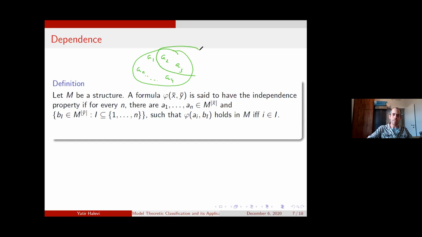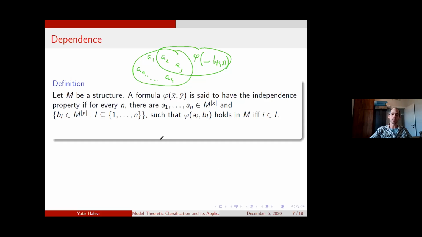What it means is that you can find some b, so this will be b_{2,3}, such that the only elements from our finite set that are satisfied by this formula are exactly 2 and 3. And you can, if you'll allow me to use this terminology, shadow any part of this finite set by this formula. Every time you choose a finite subset of our a_1 to a_n, you can pinpoint and choose only these elements to be instances of our formula.